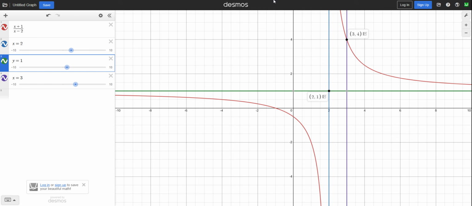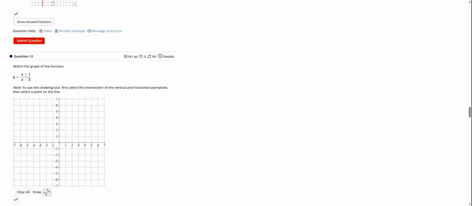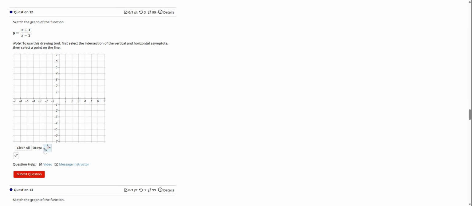So let me go to Desmos, or XYZ. Notice this graphing tool is already chosen for me. So 2, 1, the asymptotes have to be the first point I graph. 3, 4 has to be the next one I graph.